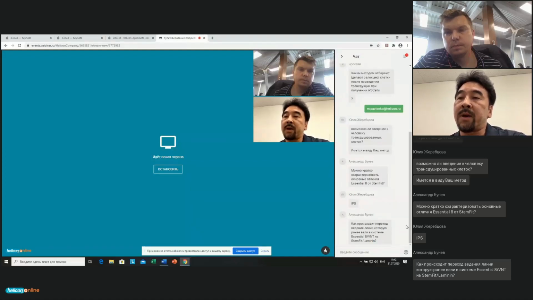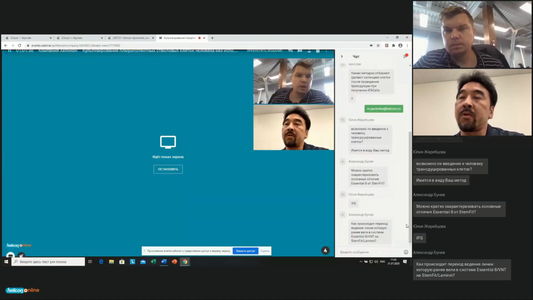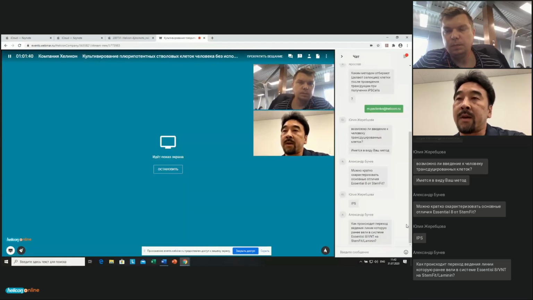At the second passage, please use the iMatrix and StemFit for the passage system. So you can easily transfer to the next culture system.